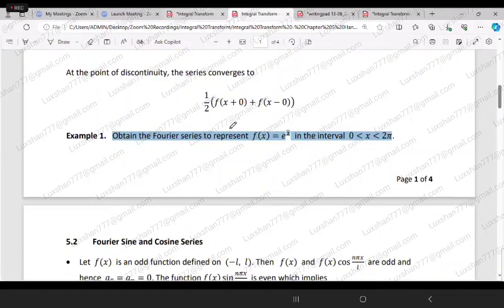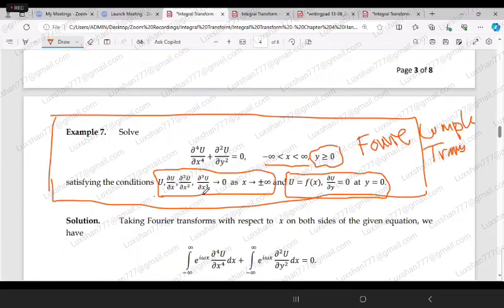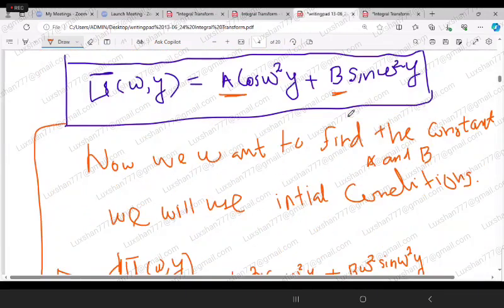But according to this one, we are given that it is 0. Look at here: ∂u bar over ∂y equal to 0. So we are using that one.